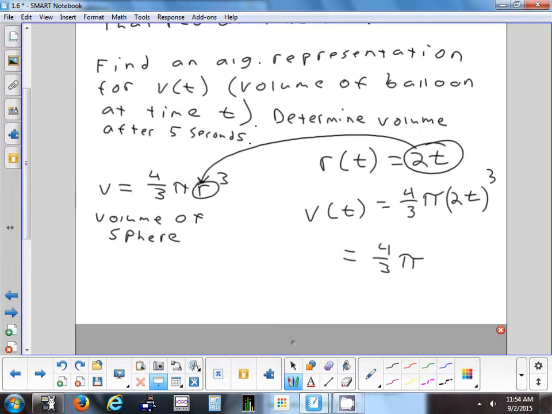Or think of it as 2t times 2t times 2t. Start with your numbers. What's 2 times 2 times 2? 8. Yep, 8. And t times t times t. Careful, that's not 3t, that's multiplying. Yeah. T cubed.